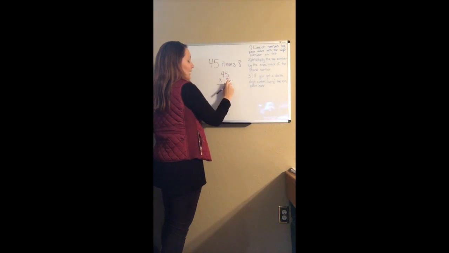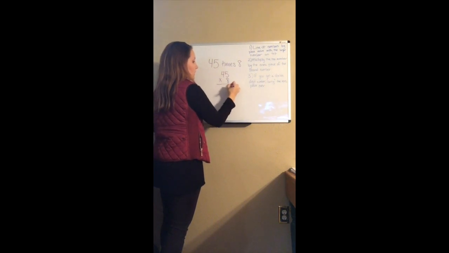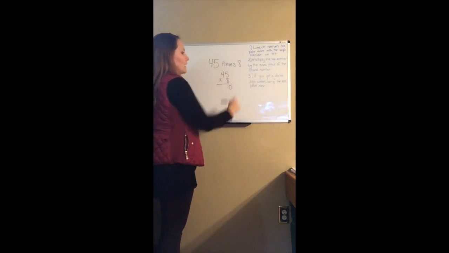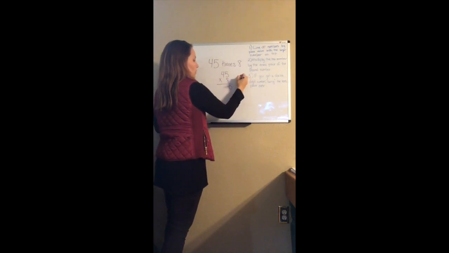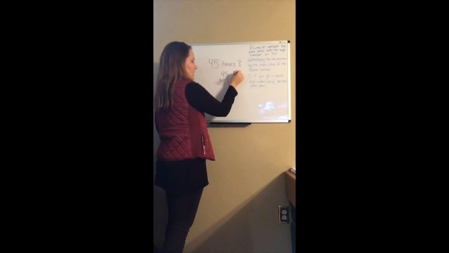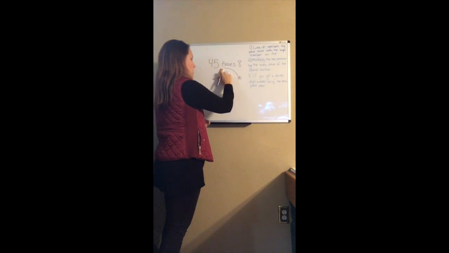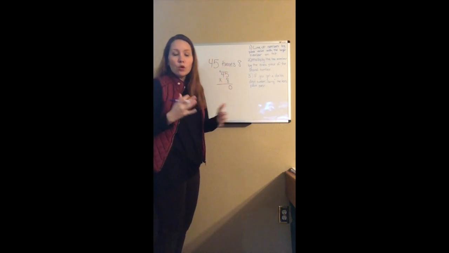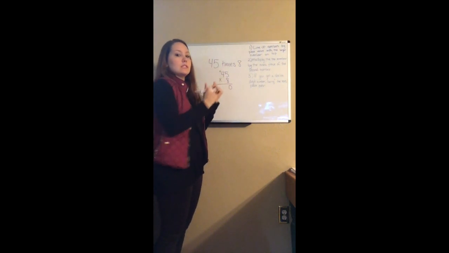Multiply, so 8 times 5 will give us 40. So we have a double-digit number, so we want to carry it over. We're going to put our ones place here, so that's 0, and that tens place is going to carry over. We carry that 4 to the tens place because it goes in the tens place.